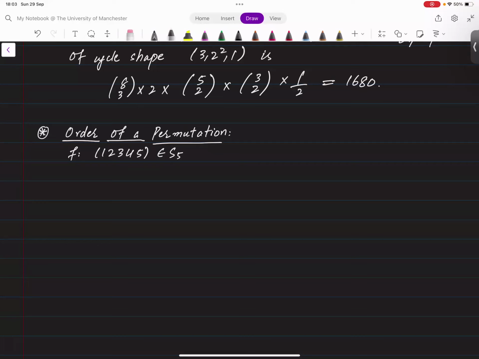Now, if you do F 5 times, we send 1 all the way around back to 1. Similarly, 2 to 2, and so on.